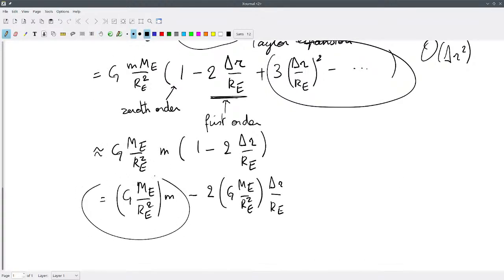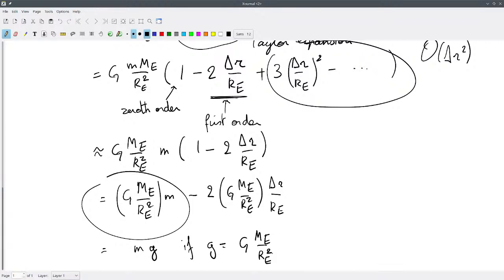We've got here a factor that looks very similar to m times g if we set g equal to big G times the mass of the Earth over the radius of the Earth squared.